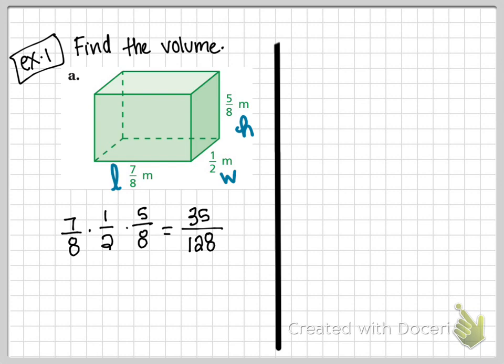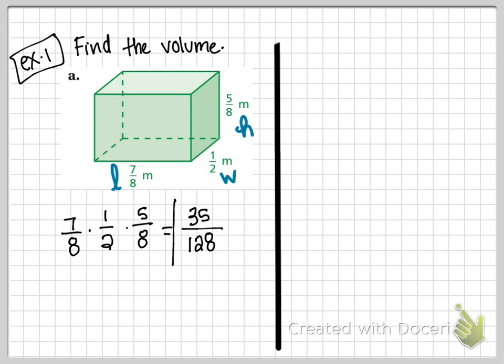So look at 35. 3 plus 5 is 8. Is that divisible by 3? No. Okay. 4, you can only have divisible by 4 if it's even. So we know that won't be divisible by 4. 5, they have to end in 5 or 0. Are they divisible by 5? Nope. Not both of them. One of them, but not both. Okay, to be divisible by 6, it has to be divisible by 2 and 3. And it's divisible by neither. So this is most likely simplest form.